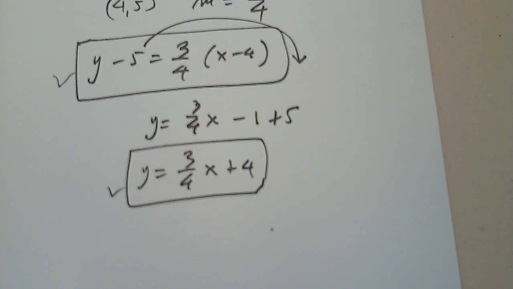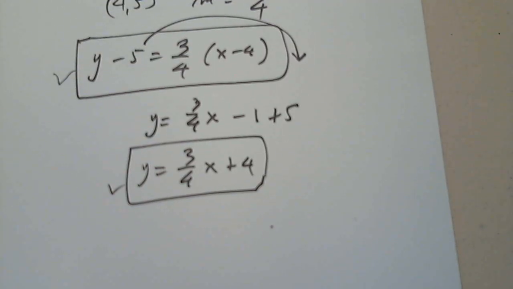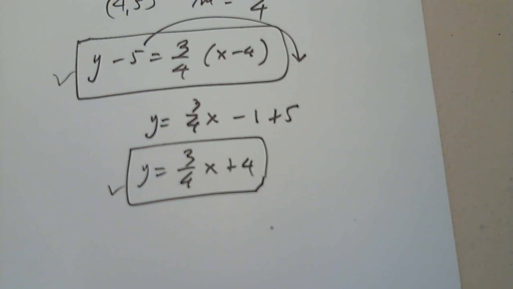Okay, thank you. Let's count again. 1, 2, 3, 4. 1, 2. So 4 over 2 with minus. Oh, they don't want the slope. The point slope form. Sorry.